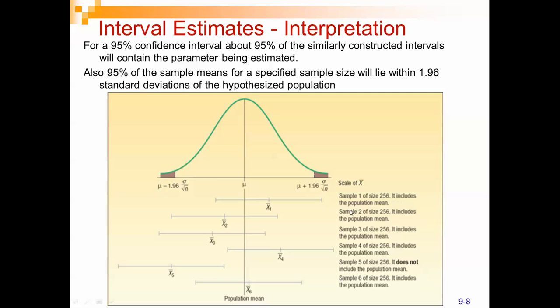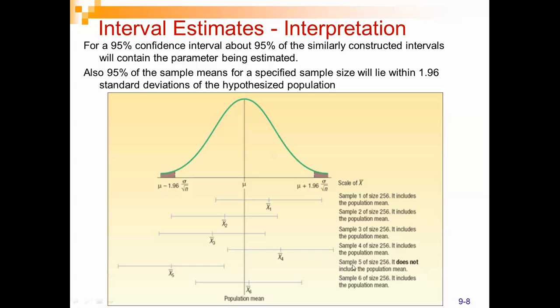It includes the population mean. So here's our confidence interval from here to here, and our mu actually is in that range. Sample 2 was also of size 256, and it also includes the population mean. So if we took our second sample and the confidence interval turned out to be, here is our left limit and our right limit, well, the mu is in that range.